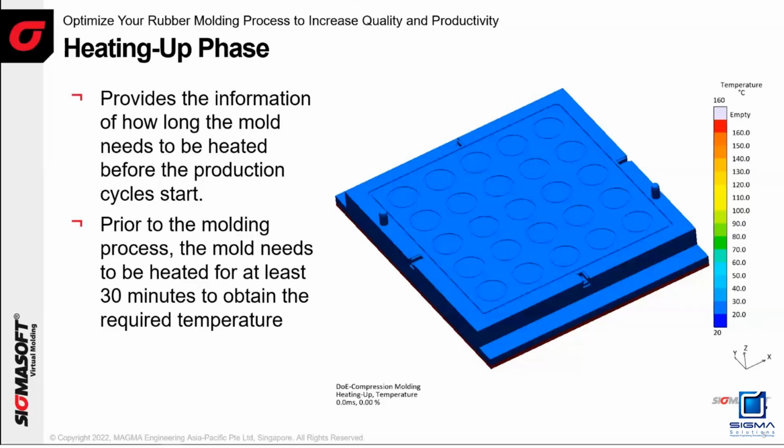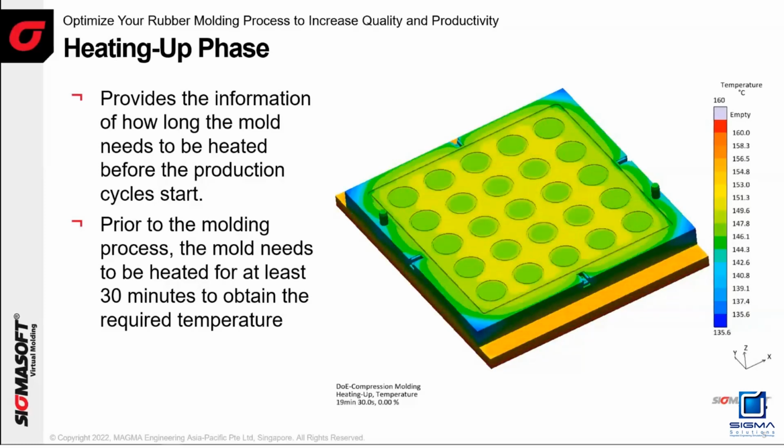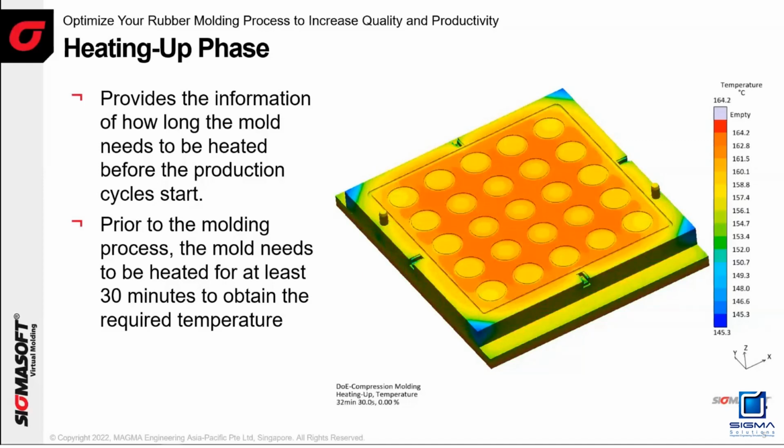But the simulation will show the exact time required for the heating up phase. In this case, the mold is heated for 1 hour, but it is not necessary. We can achieve the temperature within 30 minutes, so 30 minutes is wasted. We are not only wasting time, we are also wasting energy. That's what we can understand from the heating up phase.